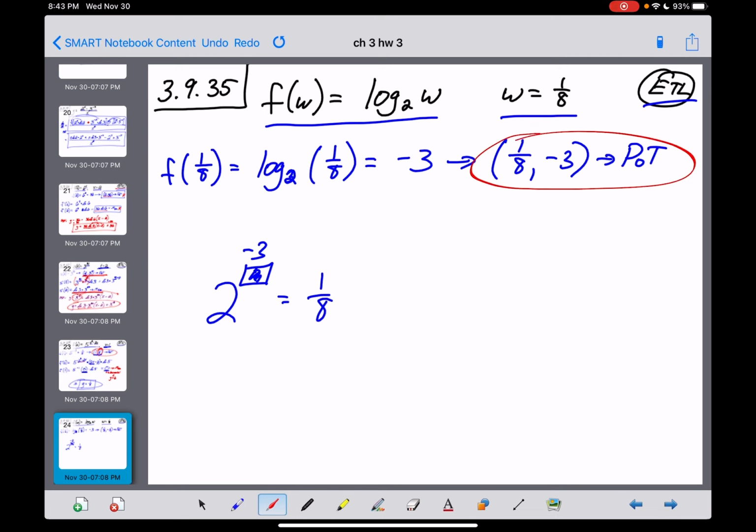So that's one of the things that we needed, but now let's get working on coming up with the slope of our tangent. So F prime of W, here we go.